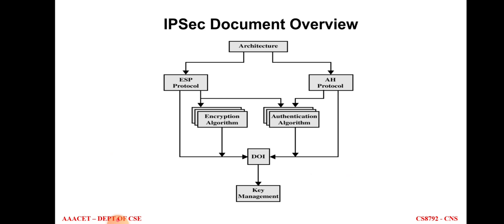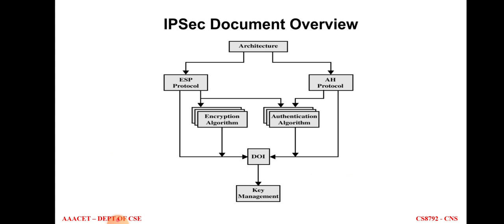Here the architecture can be divided into two: one is the ESP protocol, that is Encapsulating Security Payload protocol, and the second is the AH protocol, Authentication Header protocol. Each protocol, ESP and AH, uses encryption and authentication algorithms to provide security services: authentication, confidentiality, and integrity. DOI is nothing but domain of interpretation.